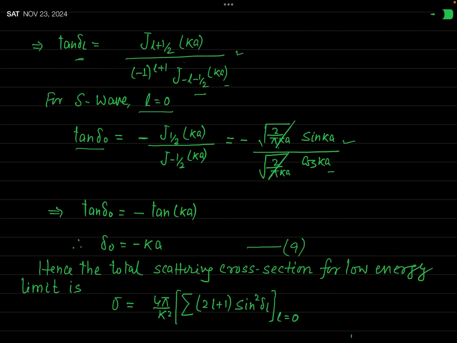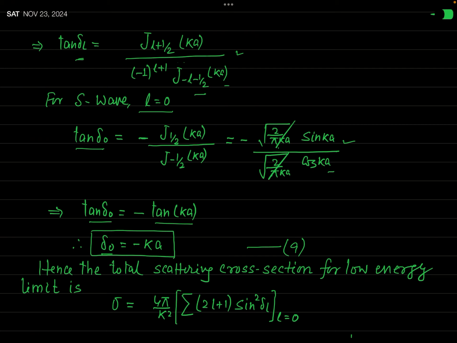So this and this will cancel out, and you can see tan delta 0 will be equal to minus tan Ka, and therefore delta 0 is equal to minus Ka. So in this condition, for S wave, the phase shift is equal to minus Ka. Now after getting the value of phase shift delta naught, which is equal to minus Ka, we can obtain the total scattering cross section for low energy limit.